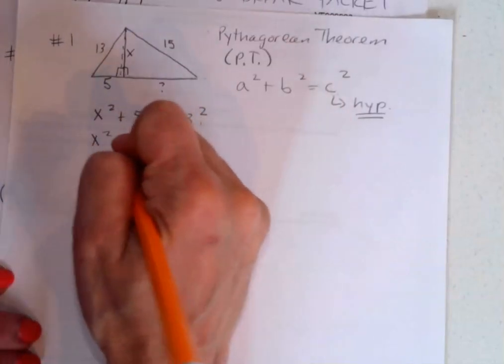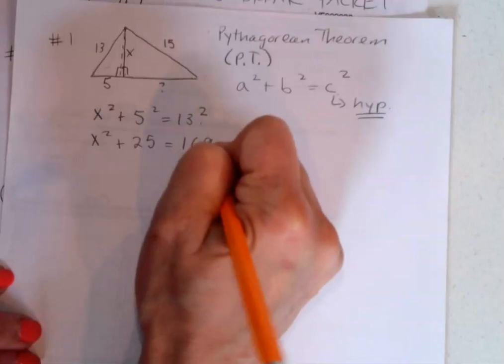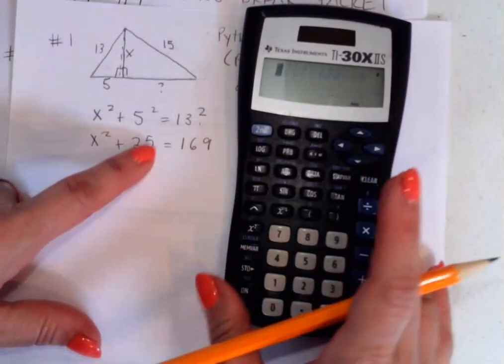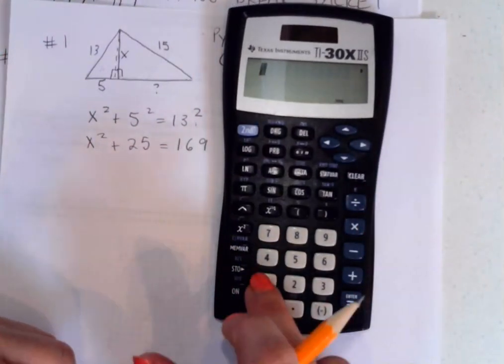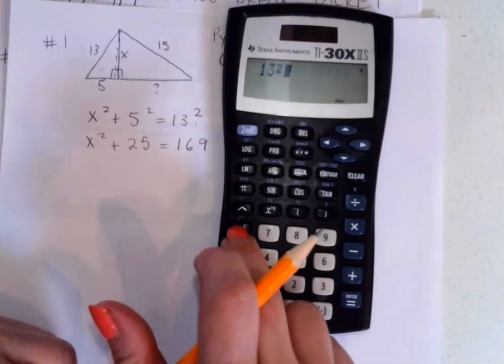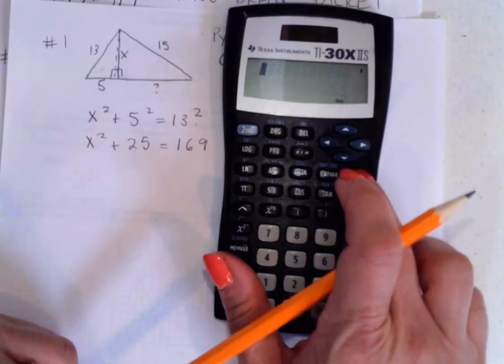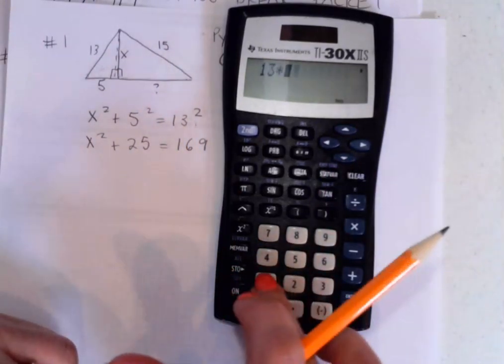And then all we need to do is do our calculations. In the calculator, everybody knows 5 squared, but if you didn't know 13 squared, there are 2 ways to do this. You can put 13 and then x squared, or just remember that squared means times itself. So 13 times 13.